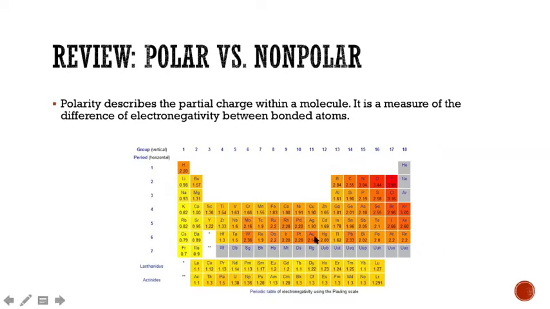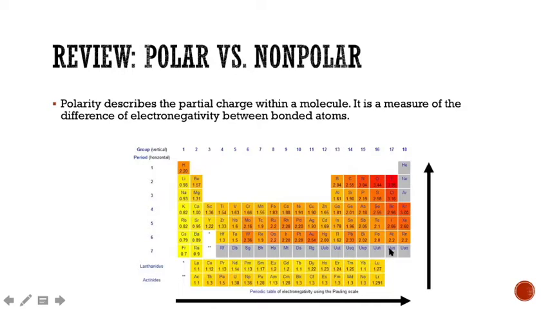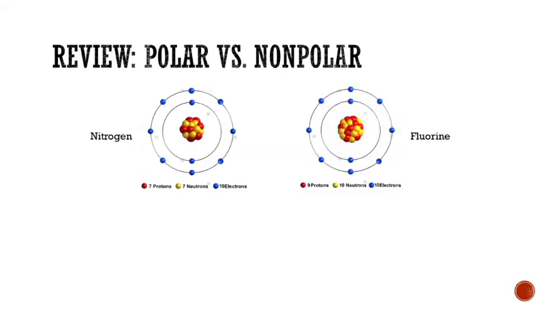You can see from the table that the higher values generally go left to right. As you go left to right, you increase in electronegativity, and as you go bottom to top, you also increase in electronegativity. Fluorine is actually the most electronegative. It makes sense that electronegativity increases left to right across the periodic table.